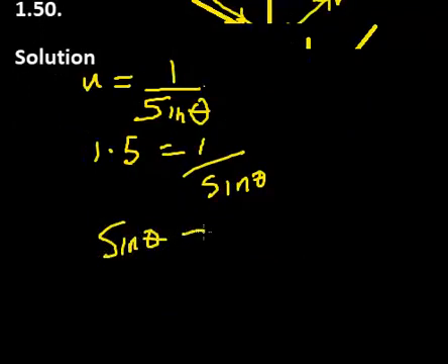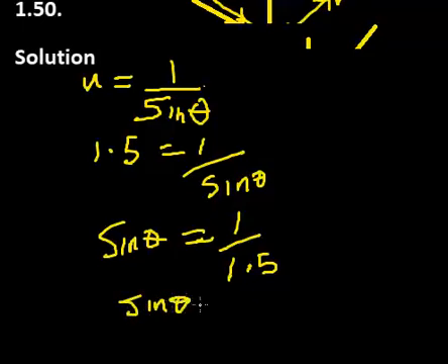If I invert it, I also have to invert this. That will be 1 all over 1.5. If I do 1 over 1.5, I have 0.667. So sine theta is 0.67.